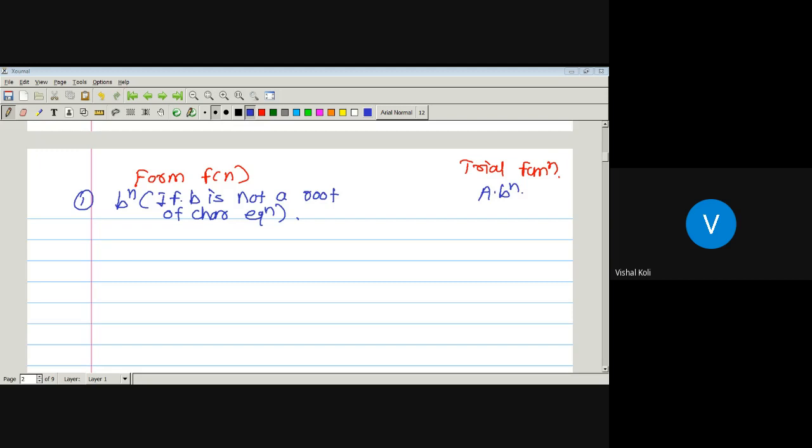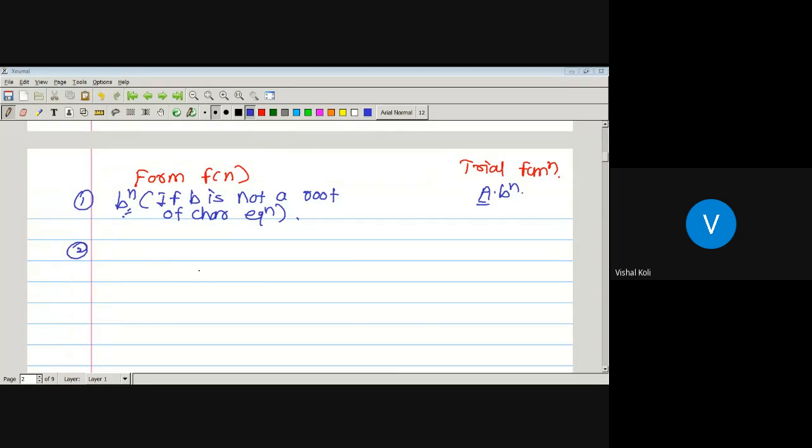We put that in our given equation, get the value of a, and substitute it to get the required particular solution. We already have the complementary function; summing these two solutions gives our general solution. So this is the first case: f of n of the form b raised to n, and b is not a root of the characteristic equation.